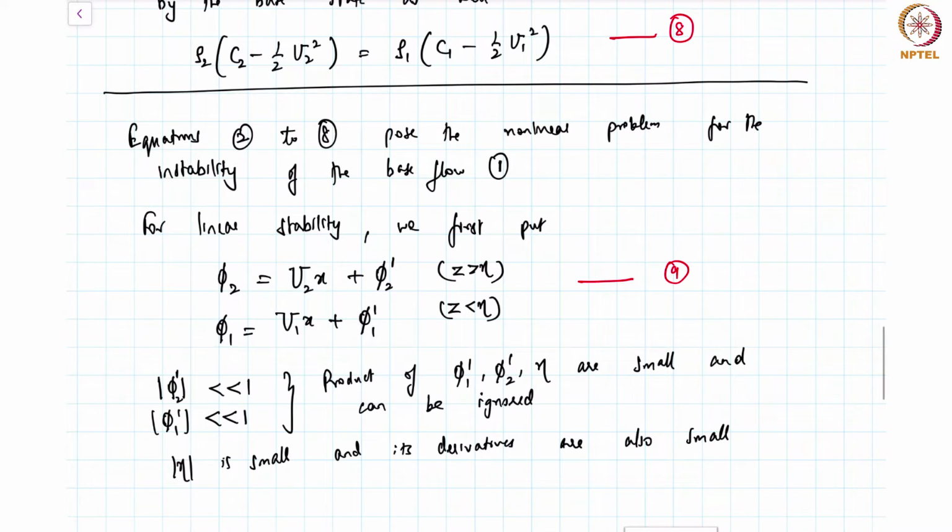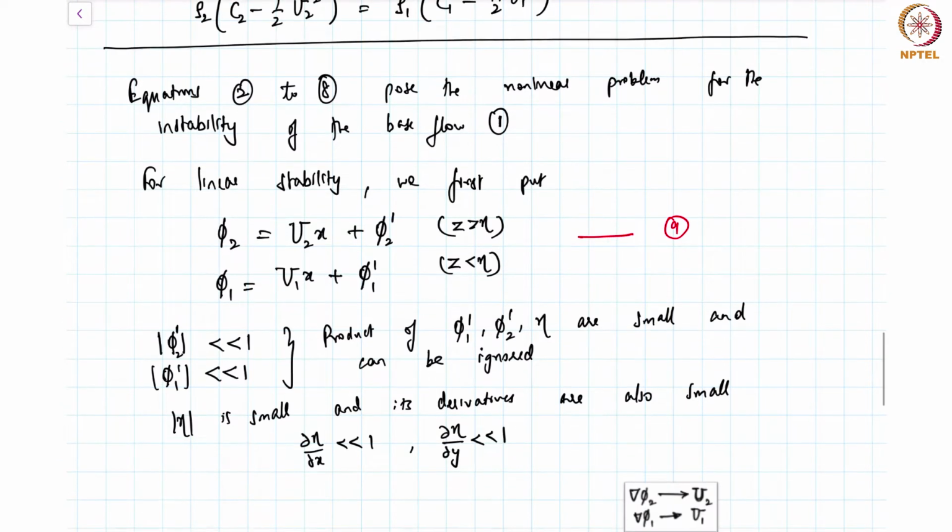That is, del eta by del x is much smaller than 1, del eta by del y is much smaller than 1, and g times eta is much smaller than u1 squared and u2 squared.